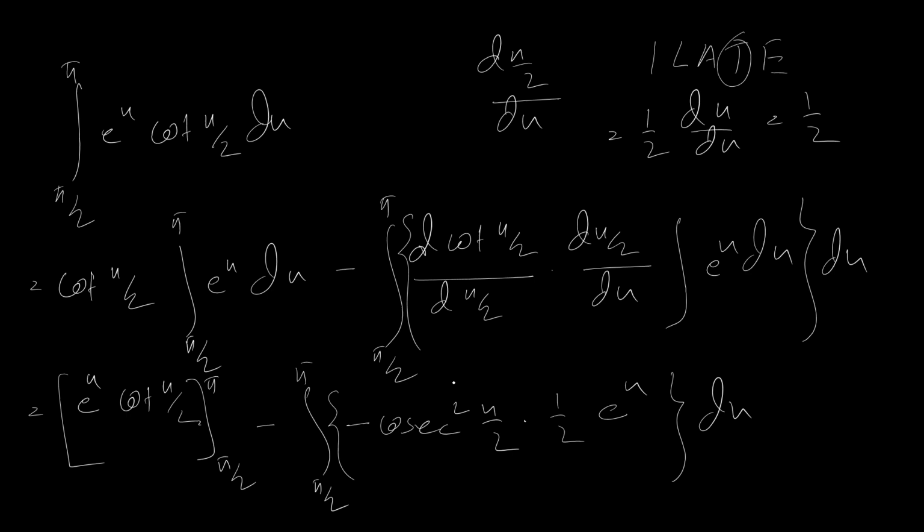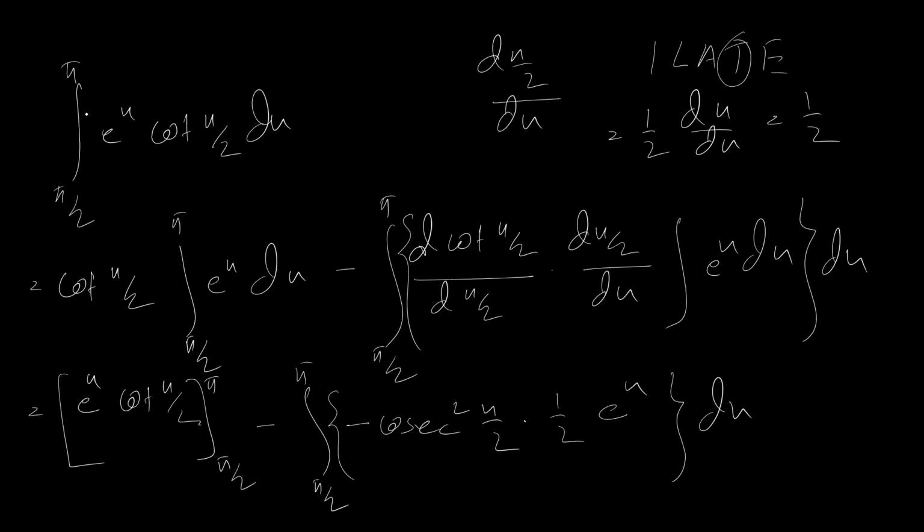Here this whole thing, you see, this minus is there, so ultimately this becomes e^x cot x/2 from pi/2 to pi, and this will be plus.